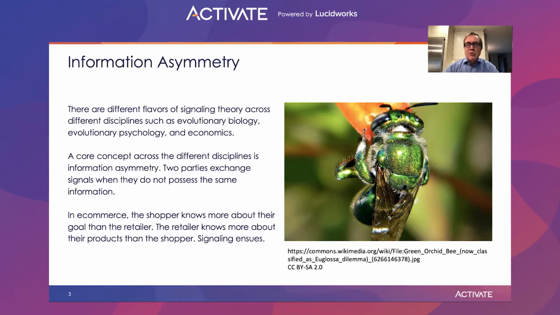And so they'll collect the scent from that orchid in sacs on their hind legs and then express that scent during mating rituals and so on, so that the other bees can overcome that information asymmetry. Like, is this some other type of bee or is it the same as I am? And expressing that scent is the signal that gets them over that hurdle of asymmetry.